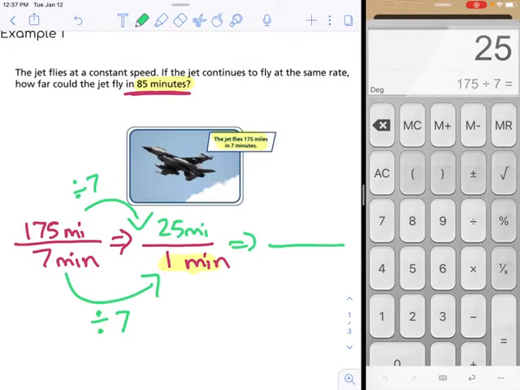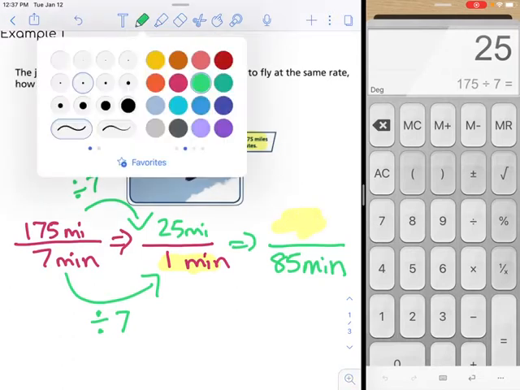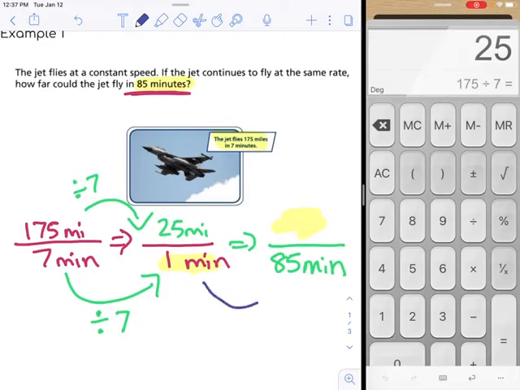So now instead of 1 minute, I have 85 minutes. And to figure out how fast I'm going, I need to look at how am I going from 1 to 85. Reminder, with ratios and rates, we only use multiplication or division. So here I know I'm going to be multiplying by 85.